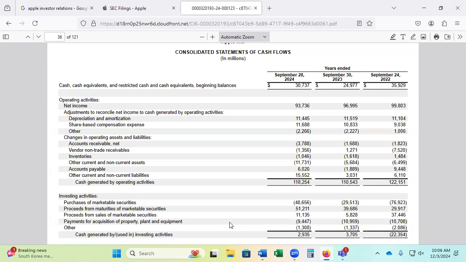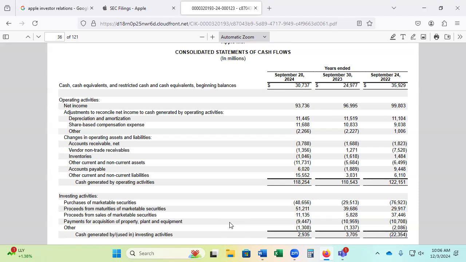So far, depreciation, they have share-based compensation expense. It's a little bit advanced for you guys. And then some other, and then they have changes in operating assets. When they have this net there, that means that they've also considered the allowance account beneath them. So you might see net on other accounts if they have contra accounts with them.